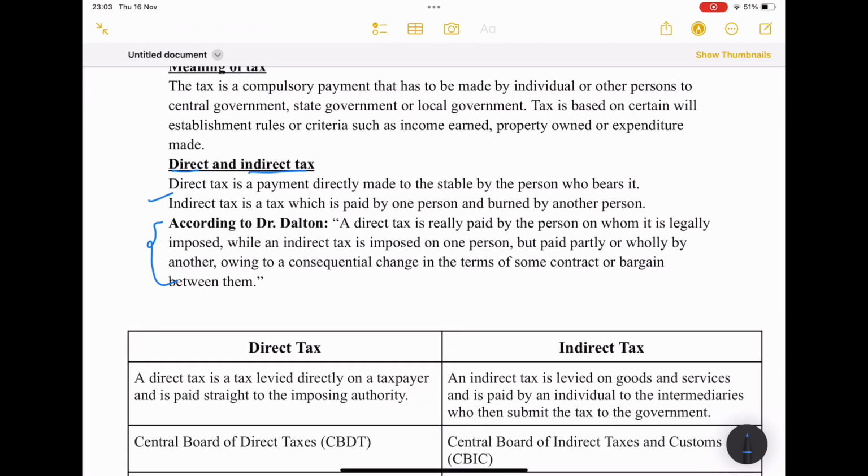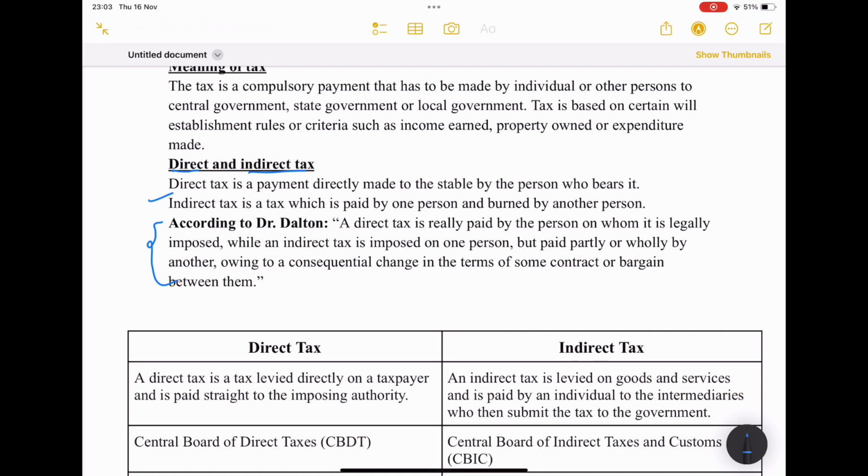Direct taxes are charged directly on the person who is earning the income, or the person who is owning a property, we can call it. Here the tax liability remains on the same person.